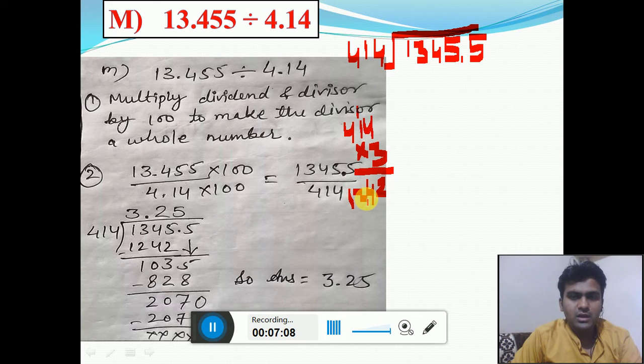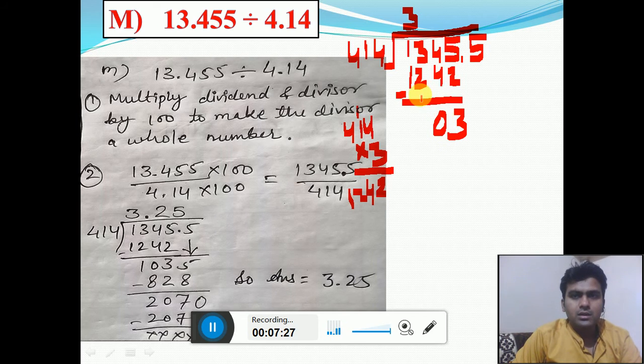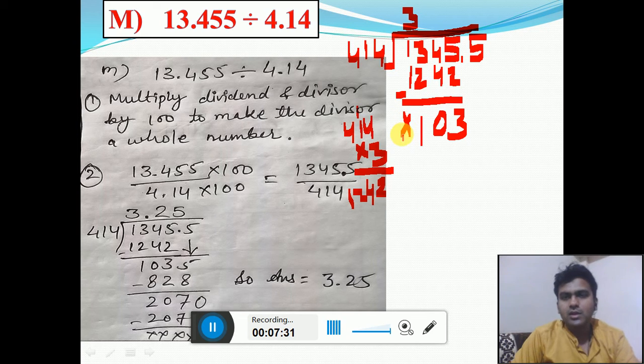So the number is 1242, which is less than 1345. So here we will write 3 and then subtract. We will have 5 minus 2 is 3, 4 minus 4 is 0, 3 minus 2 is 1, and 1 minus 1 is 0.